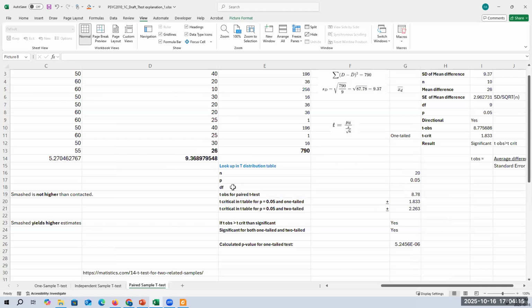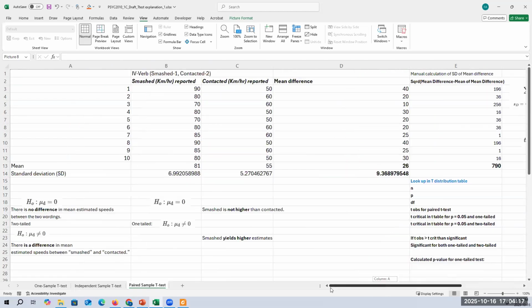Well, in the case of a paired sample t-test, you have two conditions, right? You have the participant going through both conditions, the smashed and the contacted. And so they hear the word smashed in the question, and they report a higher speed than the contacted.